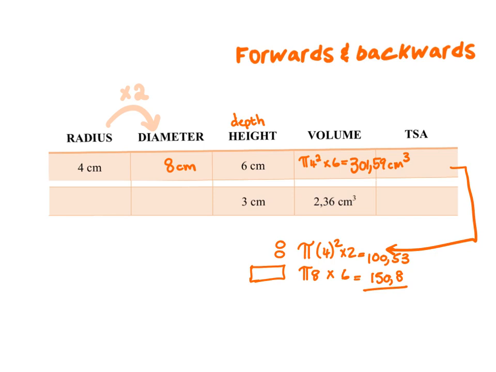Adding those together, I will get a final total surface area of 251,33 centimeters squared. Don't forget that total surface area has the little 2.